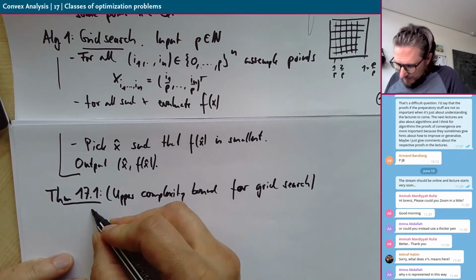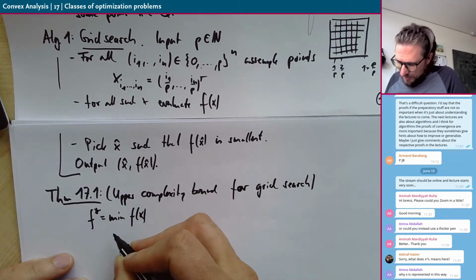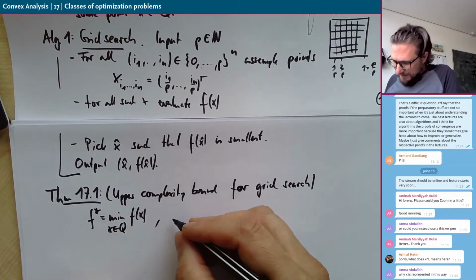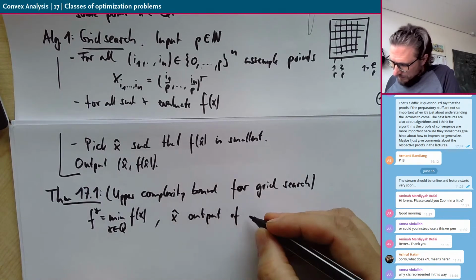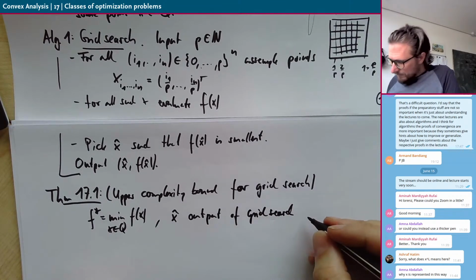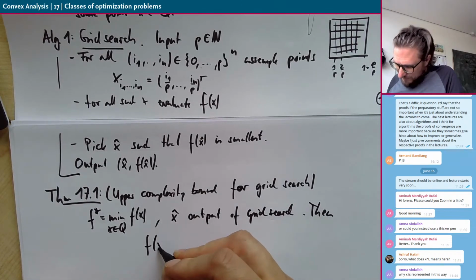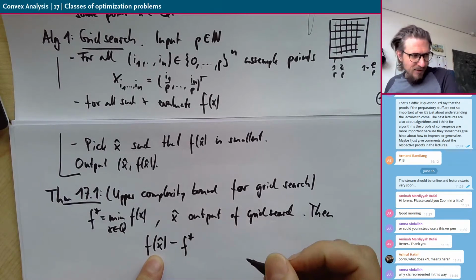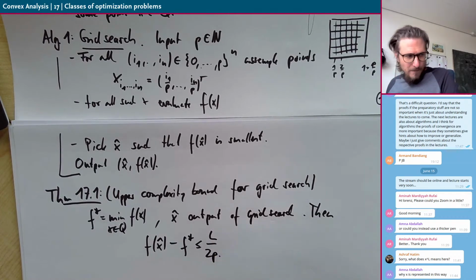So upper complexity bound. Let's denote with f star the minimum value, which we would like to compute with our method, and x hat the output of grid search. Then we have that the difference, the value we got and the value we would like to have, is smaller or equal to L divided by 2p.